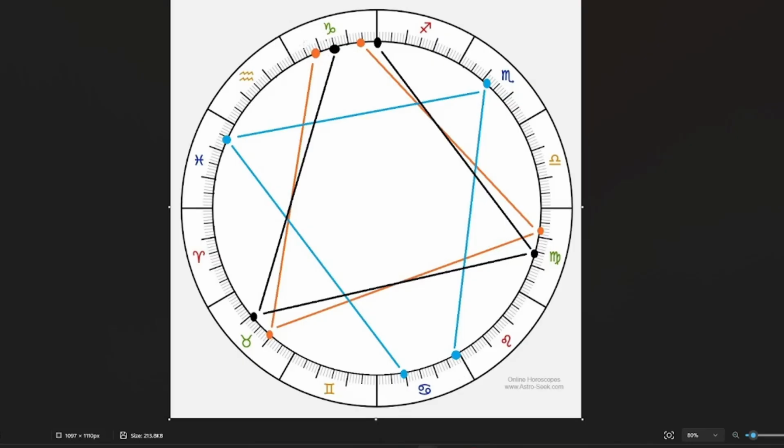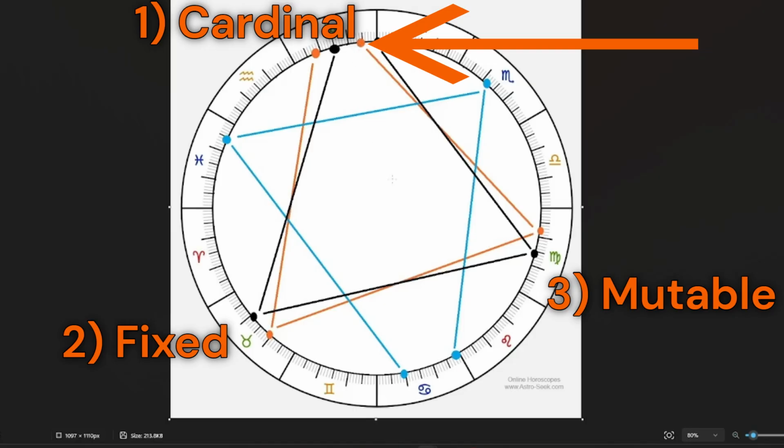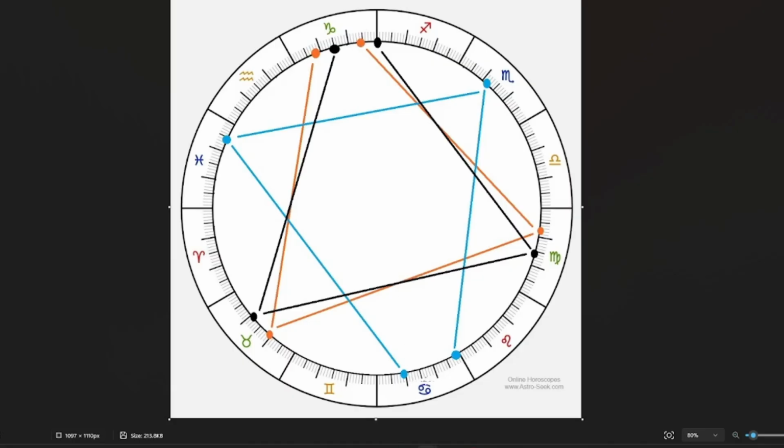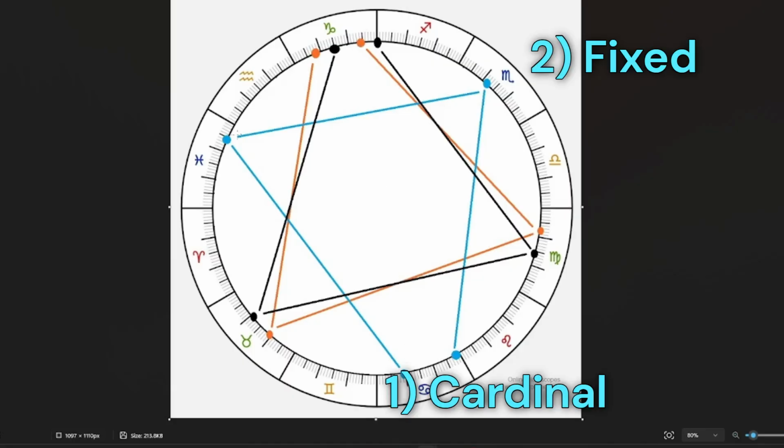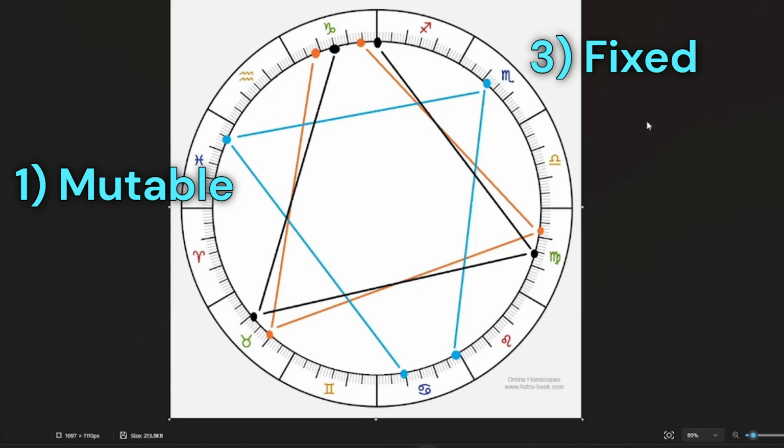That's when the pattern goes cardinal, fixed, mutable, back to cardinal. In a new point, that's 1 year. And then over here, it would be cardinal, fixed, mutable, cardinal. If it begins cardinal, it'll end mutable. However, if it begins mutable, it goes cardinal, fixed.